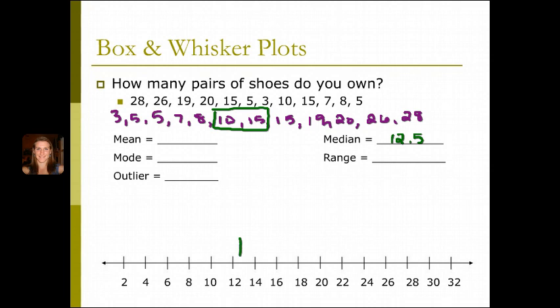Alright, we need to also find the median of the upper and lower set of data. So our middle number of the lower set of data is 5. So let's plot that. And then the median of our upper set of data is 20. So we'll plot that as well. And let's go ahead and make our box.